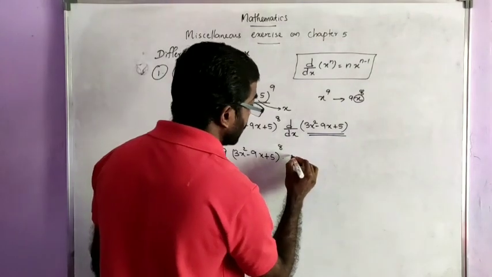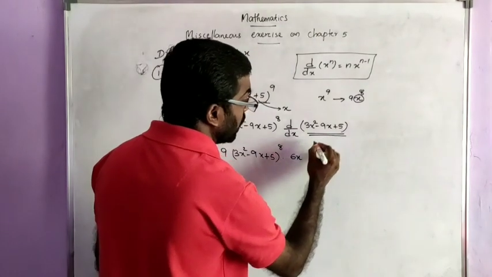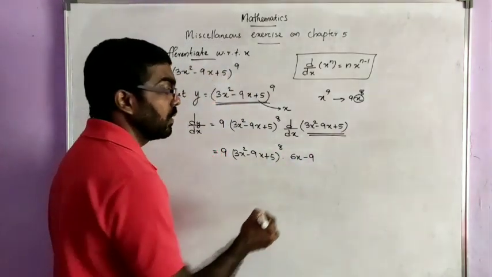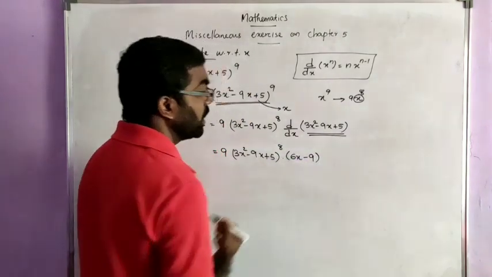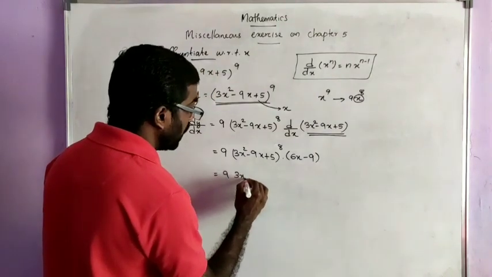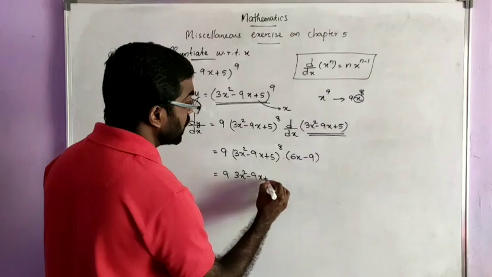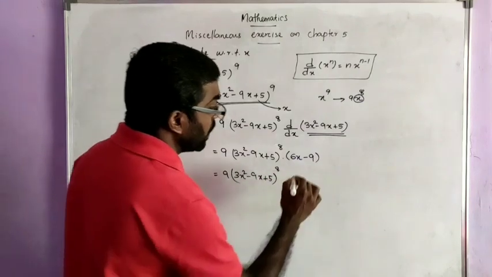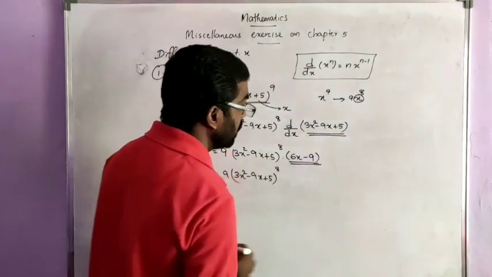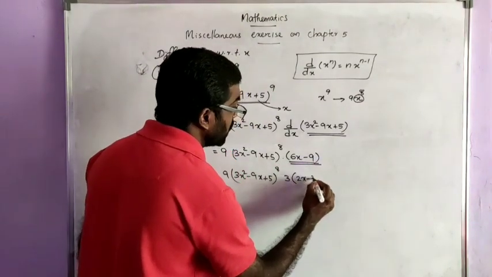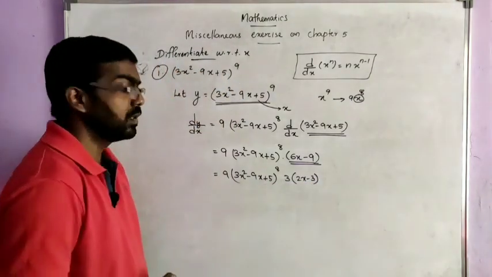Derivative of 3x² is 6x and derivative of −9x is −9. Derivative of 5 is what? 0. 5 is a constant, so its derivative is 0. This is equal to 9 into (3x² − 9x + 5)⁸ into, here 3 is common, so we can take it out, 3 into (2x − 3). Right.